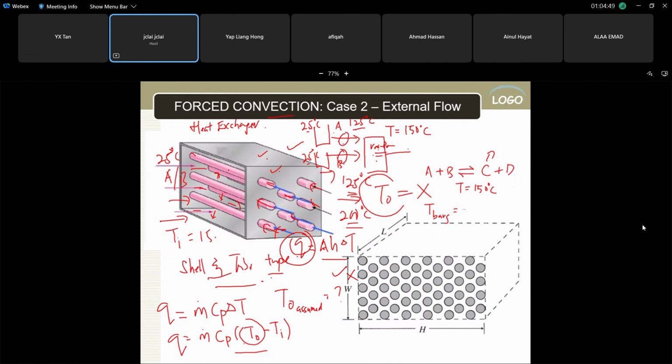This is a very common equation in energy balance: Q equals m Cp delta T. This is the heat required to increase or decrease the temperature of an amount of matter, whether gas, solid or liquid.